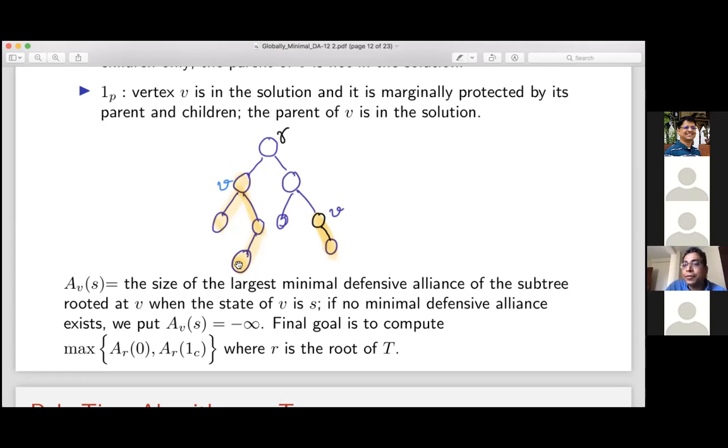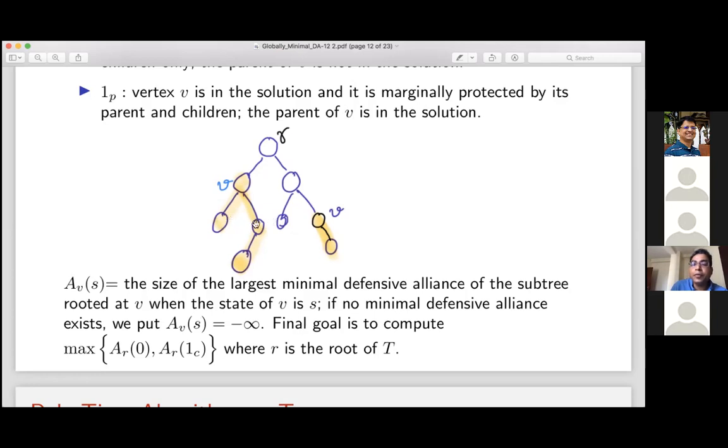I'll do that for all the leaf nodes initially, and then slowly go to the non-leaf nodes. For a non-leaf node, I'll find a recursive relation based on the earlier solutions. So when I come here, I have solved my problem for the subtree hanging on this node, then the subtree hanging on this node, and the subtree hanging on this node.